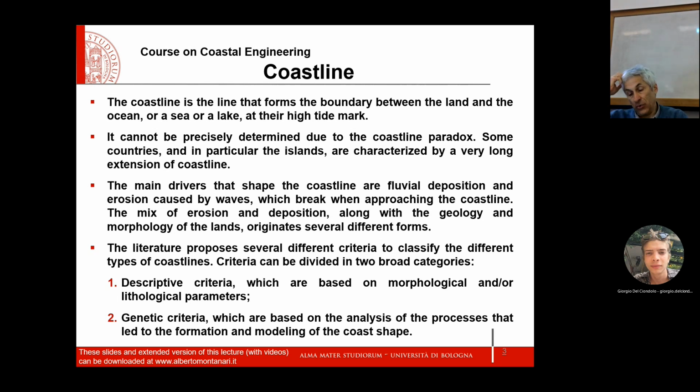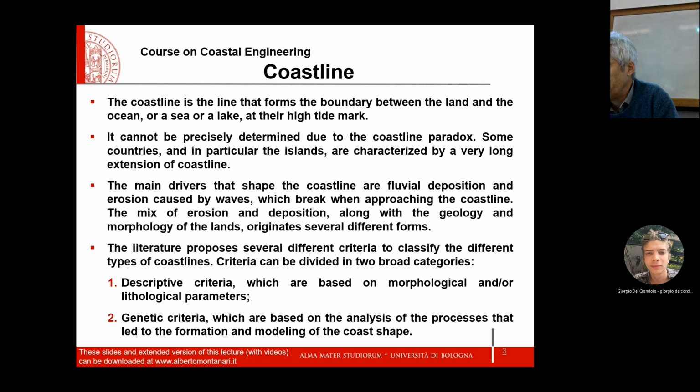For instance, if you think of a river mouth, you have a substantial accumulation of sediments at the river mouth, and then these sediments are brought by along-shore sediment transport to places where there is less accumulation because there are no rivers bringing sediments into the sea. It's a continuous interaction of forces that shape the form of the coastline.